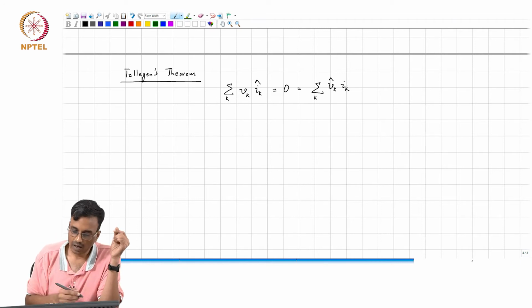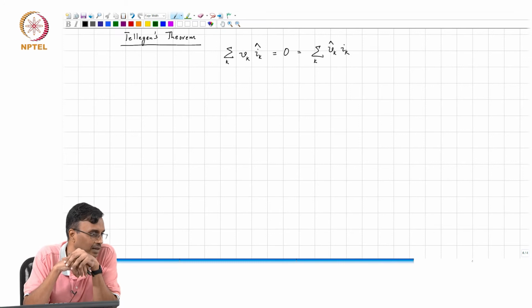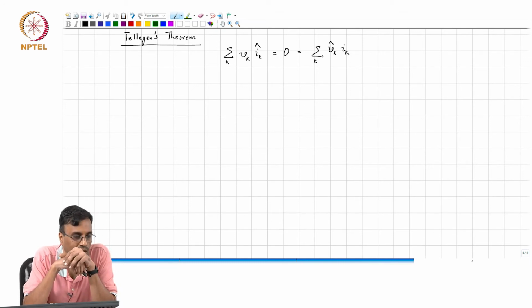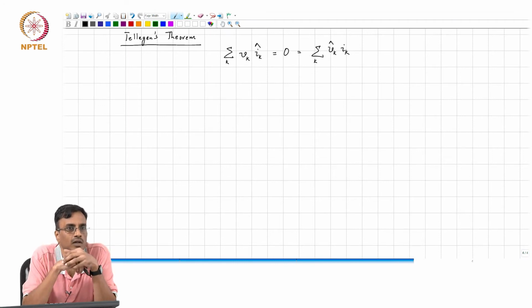And one example: all of you have taken an analog circuits class, where the network elements are nonlinear. We know that analyzing nonlinear networks is difficult. So, we resort to, what do?